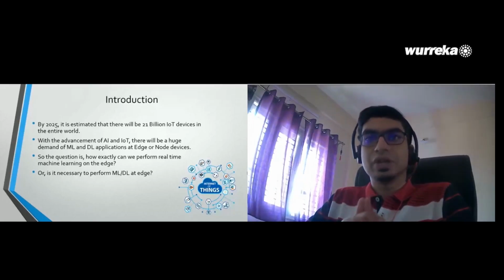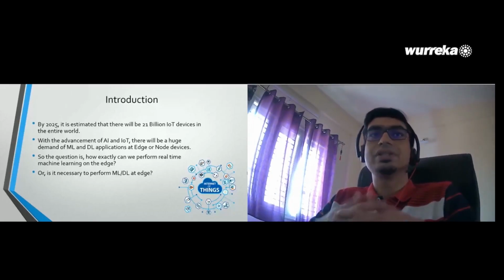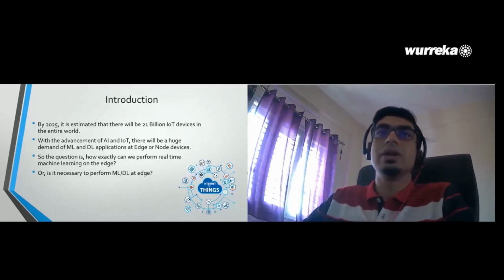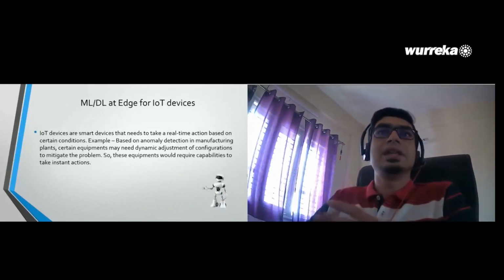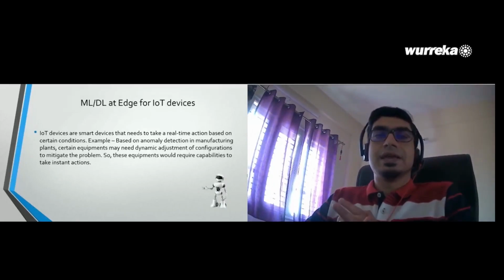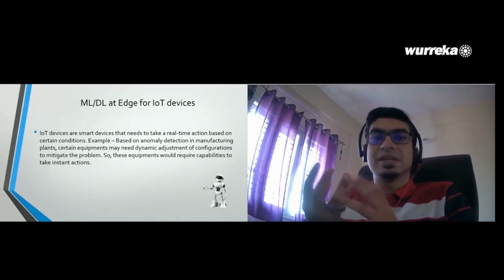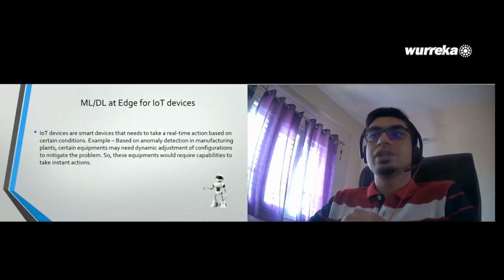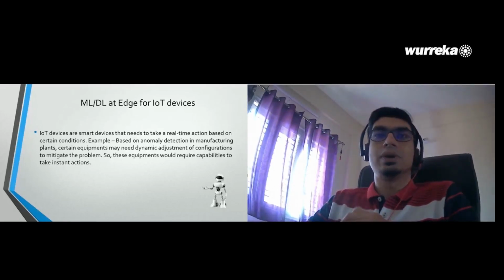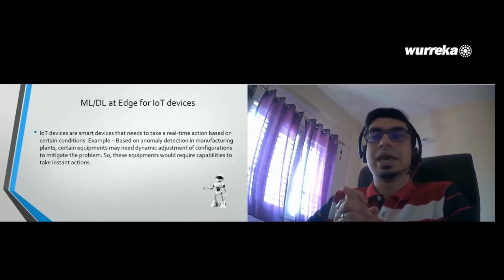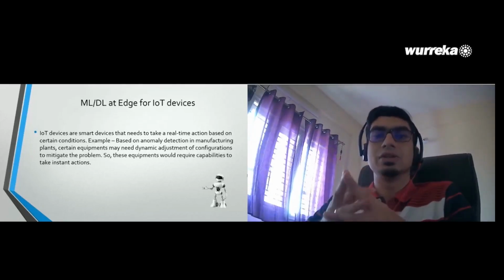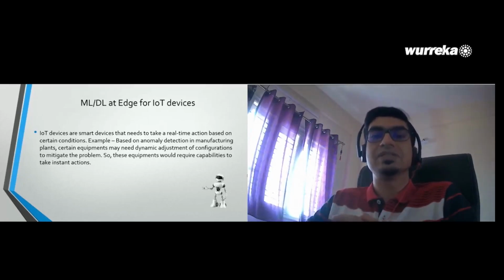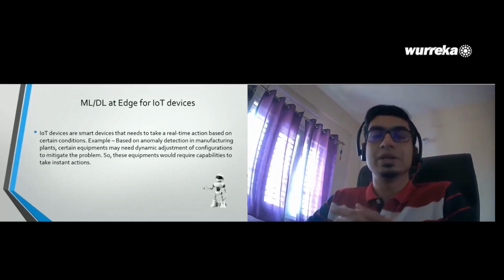Before that, we are also going to see whether it's actually necessary or not. So first of all, why ML and DL at edge devices? When we talk about edge devices or node devices, those are quite low powered, low compute resource devices, and they cannot handle certain algorithms which are computationally expensive and memory hungry.